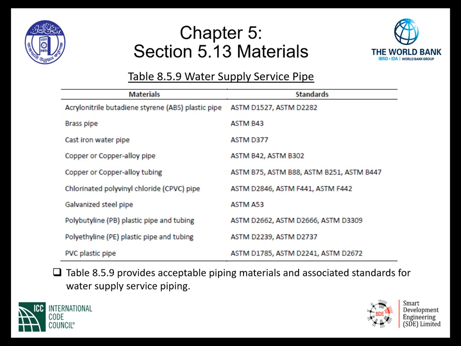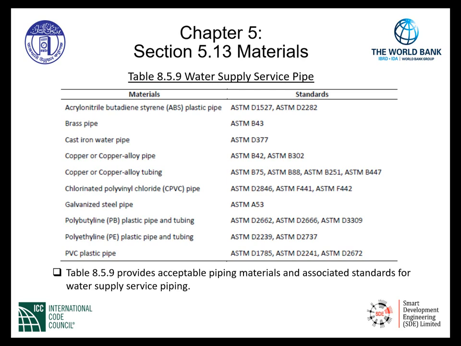As an example, brass pipe references the test standard ASTM B43. ASTM is the American Society for Testing of Materials, and this particular standard is referenced for brass pipe.